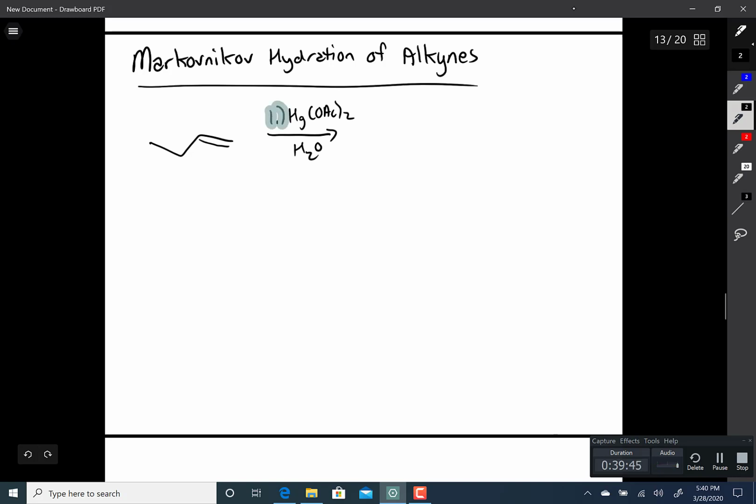The first step involves adding mercury acetate and water. Second step, let me actually draw this out. And then the second step is demercurization.